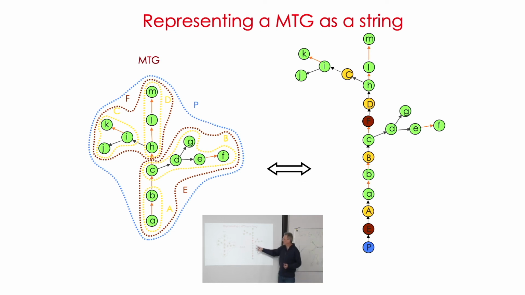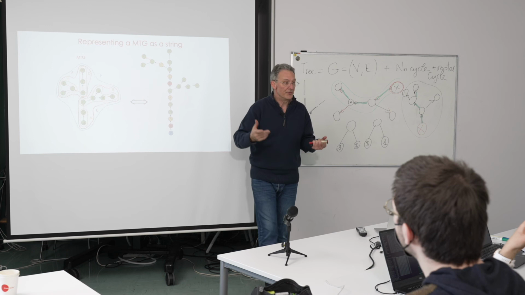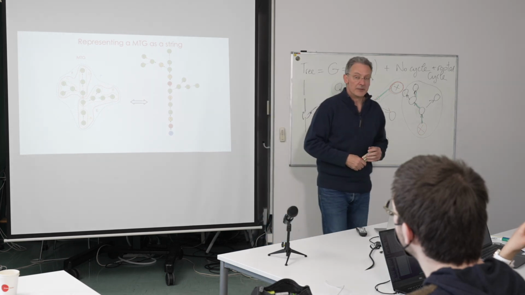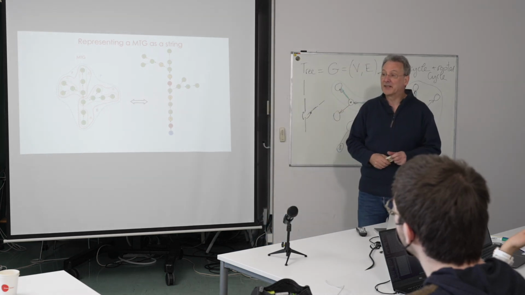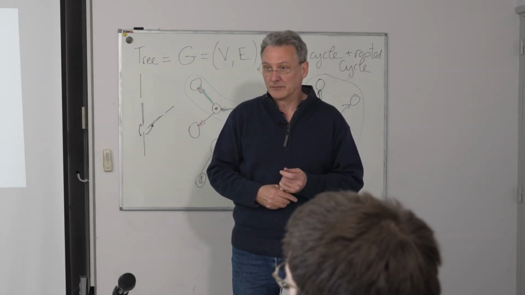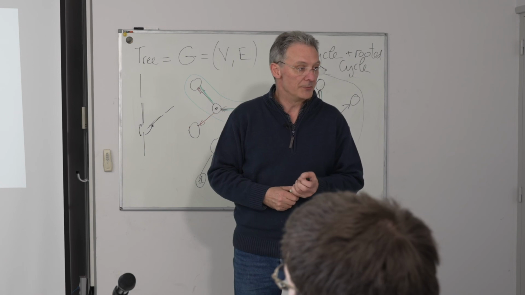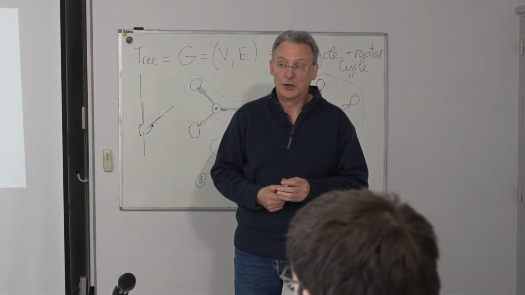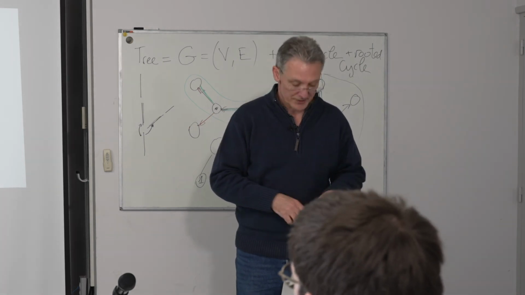There is a bit of strategy. I don't want to enter into the details, but this can still be represented by a tree. So a multiscale tree graph has also the nice property of being able to be represented by a string structure. Okay.